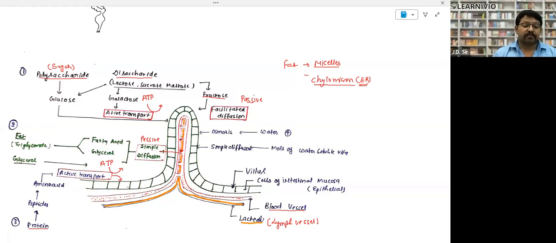This is the lymph vessel. We call it lacteal. So look, what I said is that sugar and amino acids are absorbed in the small intestine into villi and are mixed into the blood through blood vessels. But fat, meaning fatty acid and glycerol, is not absorbed by the blood vessels. Rather, it is absorbed by the lymph vessels. Clear?